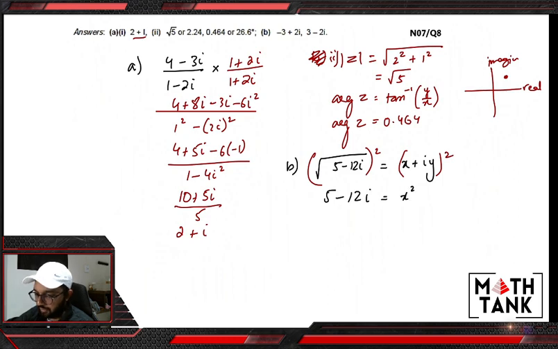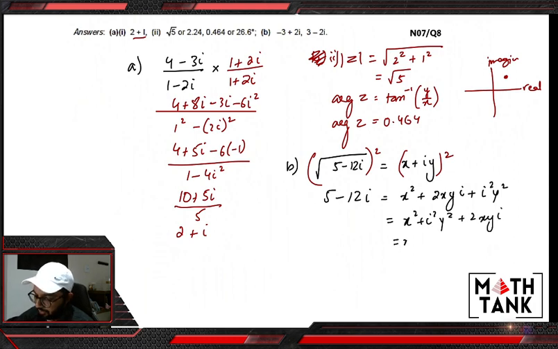So I get 5 minus 12i equals x squared plus 2xyi plus i squared y squared. So I get x squared plus i squared y squared plus 2xyi, which is x squared minus y squared plus 2xyi. So I need to now compare the real part with the real part.